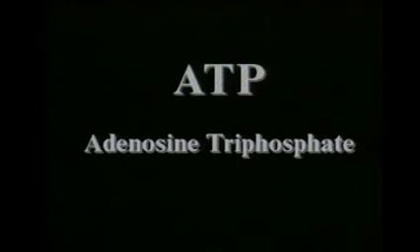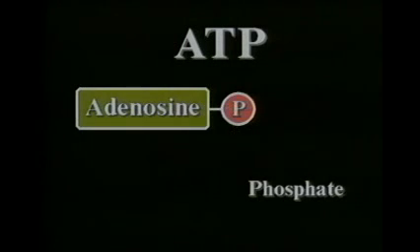Nearly all of the free energy used in cells is released from a very important chemical called adenosine triphosphate, commonly abbreviated ATP. As we might have guessed from its name, adenosine triphosphate is made up of a molecule called adenosine with 3 phosphate groups connected to it.